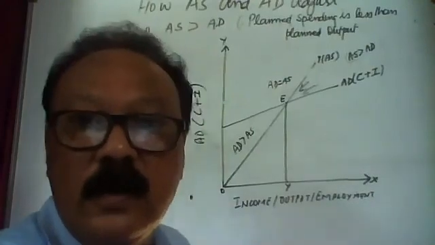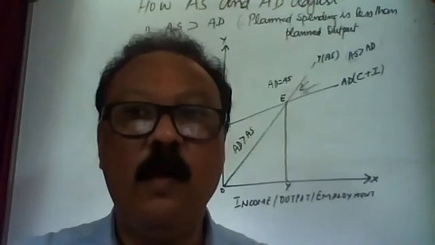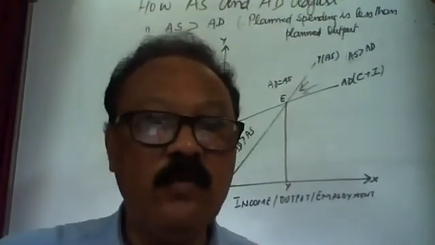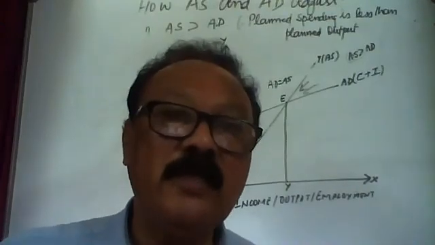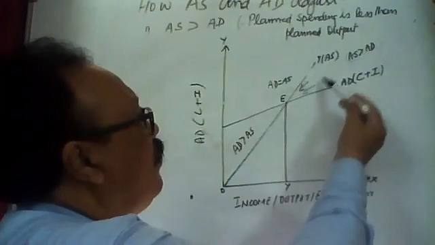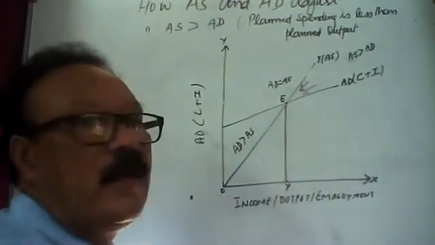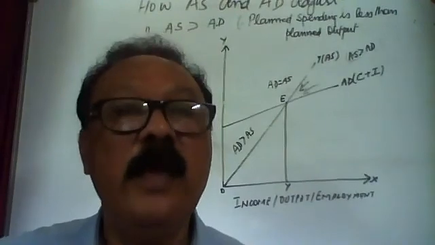Understood? So any stock which is left with the producer, he will have to remove those stocks first, and in that case he is going to reduce his production, till it comes to the point where AS is equal to AD.